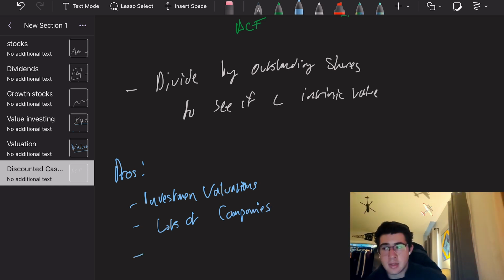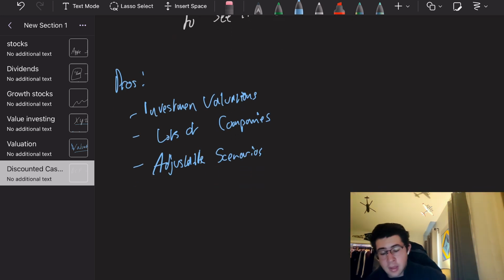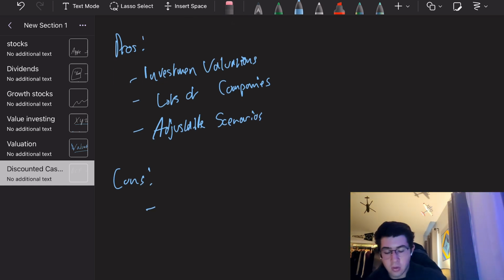And most scenarios are adjustable. What are some cons? Obviously, this whole entire thing is based off of estimates, so nothing's actually set in stone.